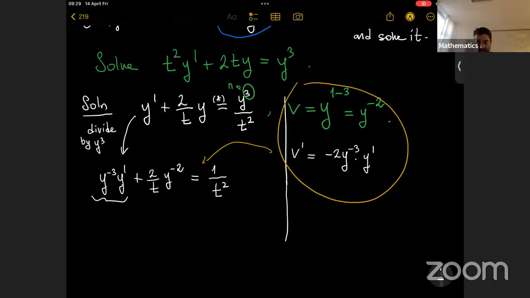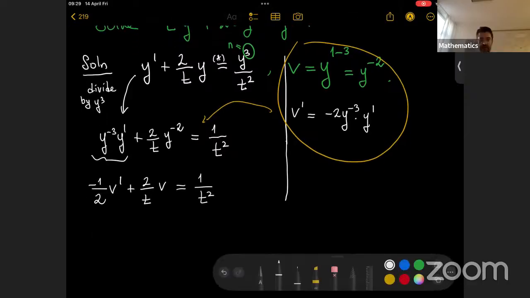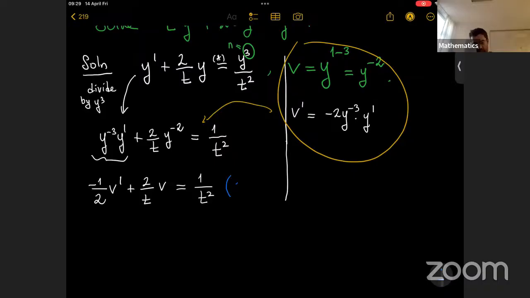This is basically minus 1 over 2 v prime, plus 2 over t v, right, is equal to 1 over t squared, and this is now a first order linear equation.